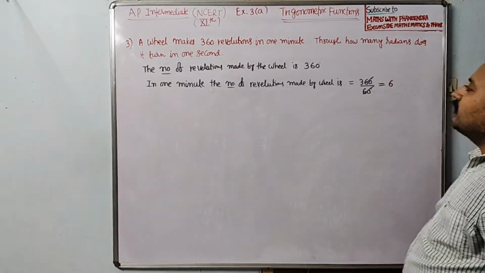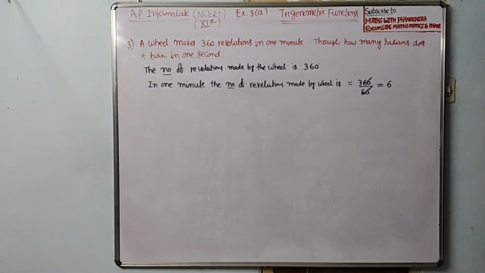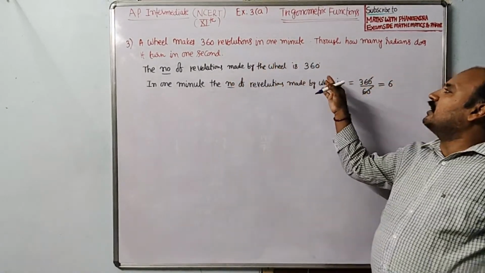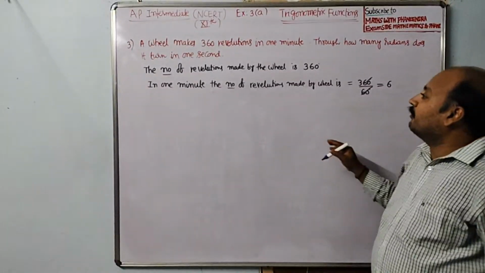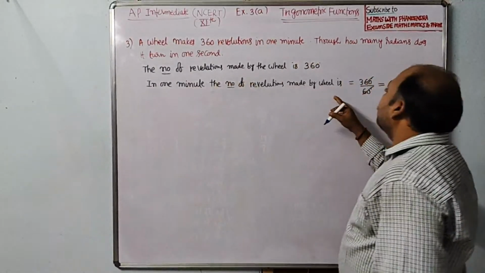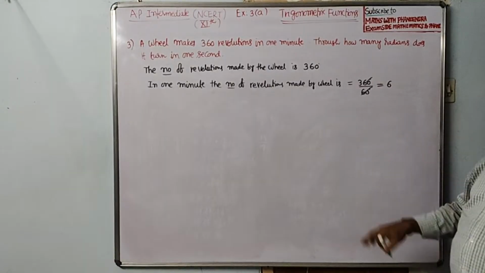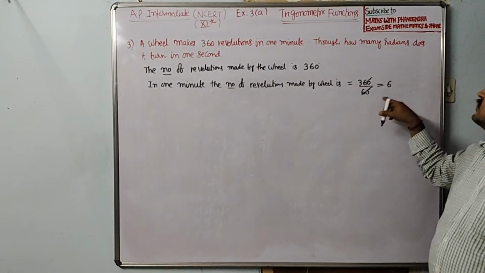So in 1 second, 6 revolutions. In 1 minute, the number of revolutions made by the wheel is 360, and in 1 minute means we are taking 60. So 6.